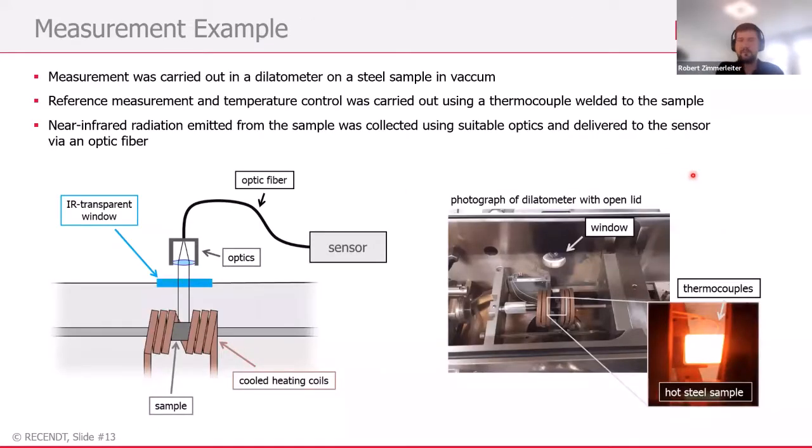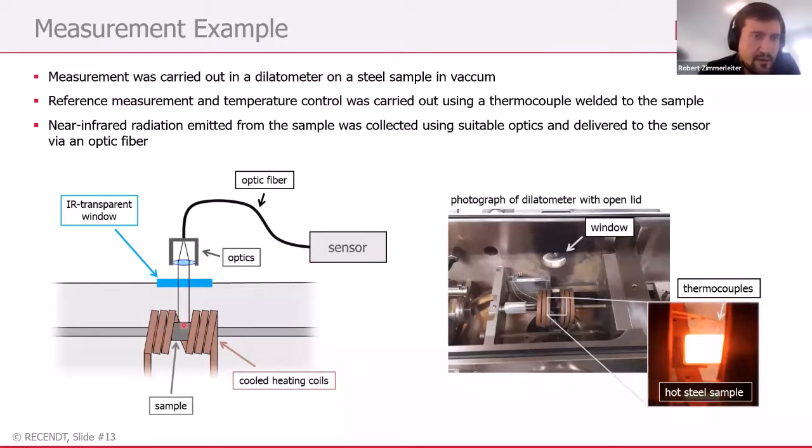In order to show you, I'd like to discuss a measurement example that we carried out in our laboratory with one of these devices. This measurement was carried out in a dilatometer on a steel sample in vacuum. A schematic drawing of the setup can be seen on the bottom left.